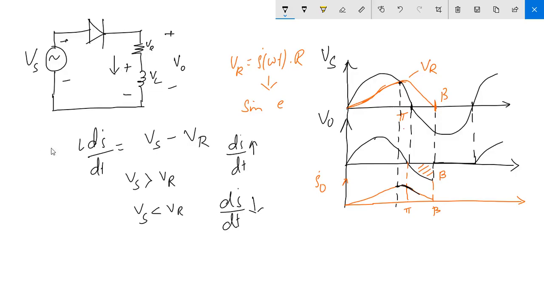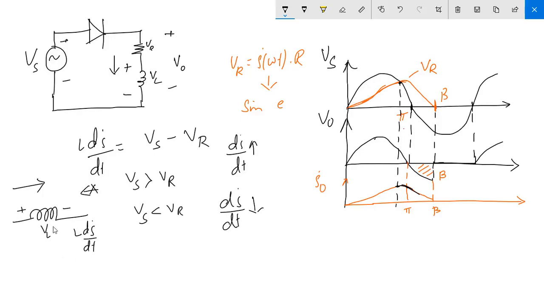I am explaining once more that the inductor does not allow a change in the rate of change of current. If the current is flowing in this direction, it will never allow the current to flow in the reverse direction. So during the charging condition, the inductor charges with this polarity VL, and the current is coming from this side. That's why we write L di by dt.